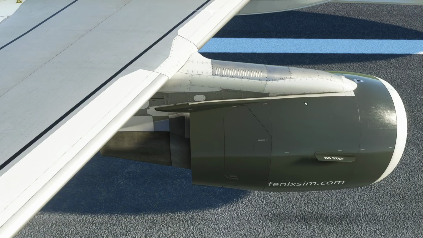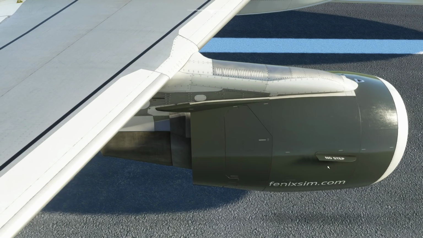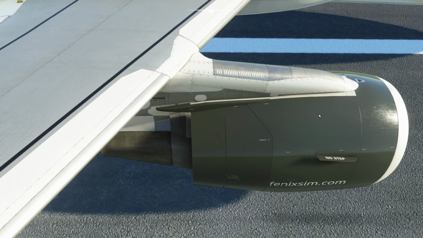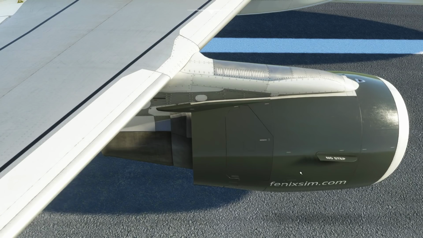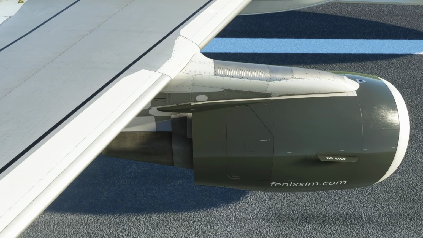So as pressure changes in the IP and HP stage, and that's down here. So if you want to kind of visualize what we're looking at, the IP stage would be somewhere around here, and the HP stage would be somewhere around there. So this is the compression chamber and whatnot. So these stages are in here. And as pressure changes in the IP and the HP stage, so it increases when you add thrust, the valves for the fan air system will open and close as the temperature increases because of adiabatic heating.